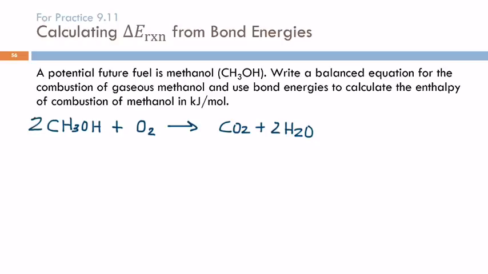Let's try doing 2 here. So then we need a 2 here. So the carbons are balanced. 2 times 4 is now 8 hydrogens. And so we need to change this to 4. But hopefully we got rid of our odd-even issue here.